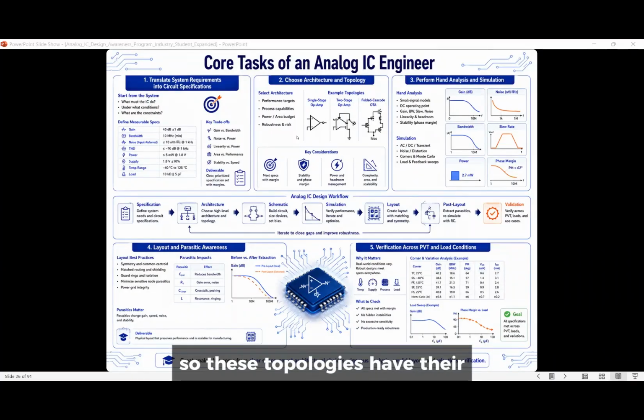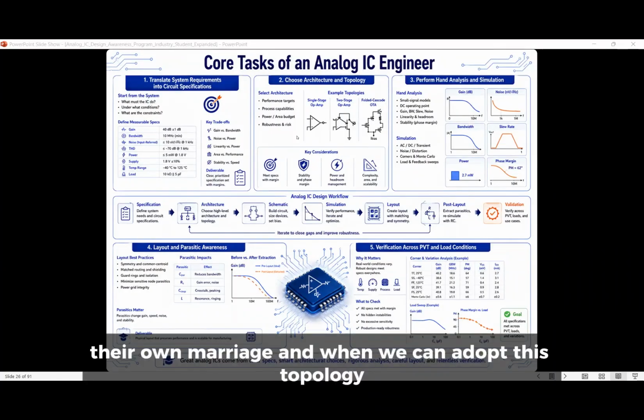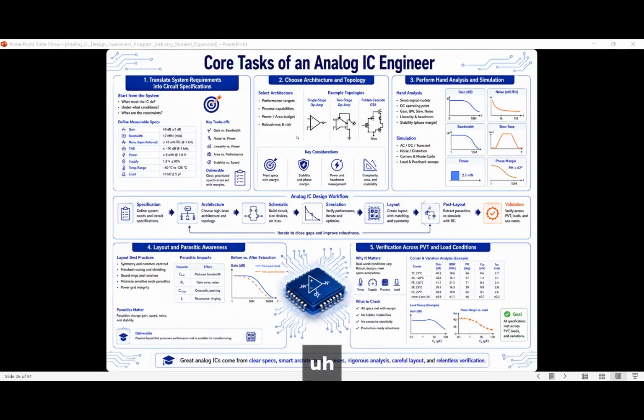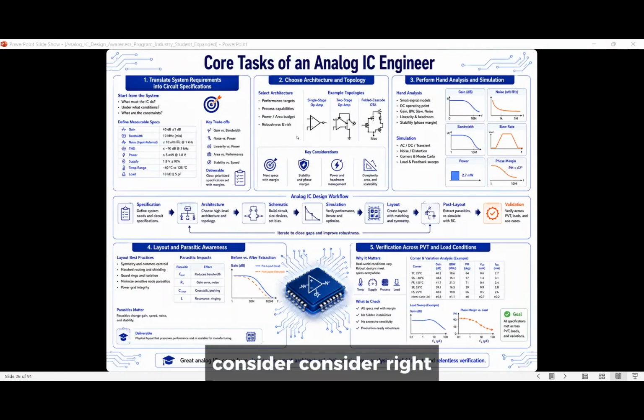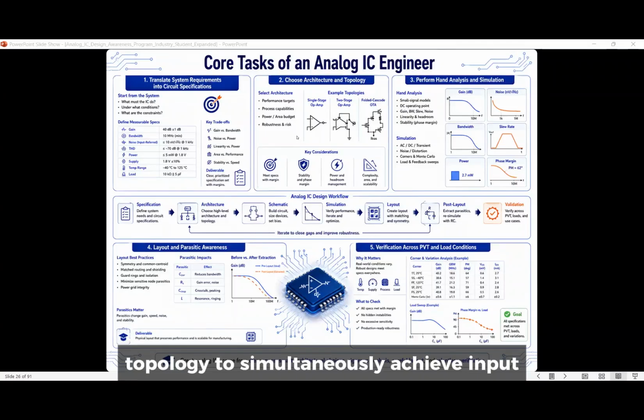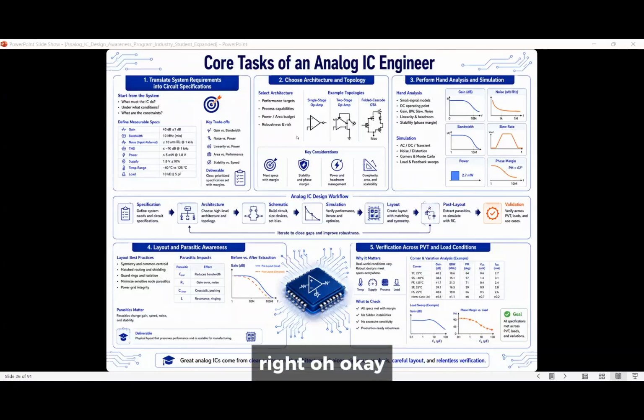These topologies have their own merits, and when we can adopt them, we must consider it. Can we also combine them? For example, we combine all these three topologies to simultaneously achieve input-output matching and also amplification, right?